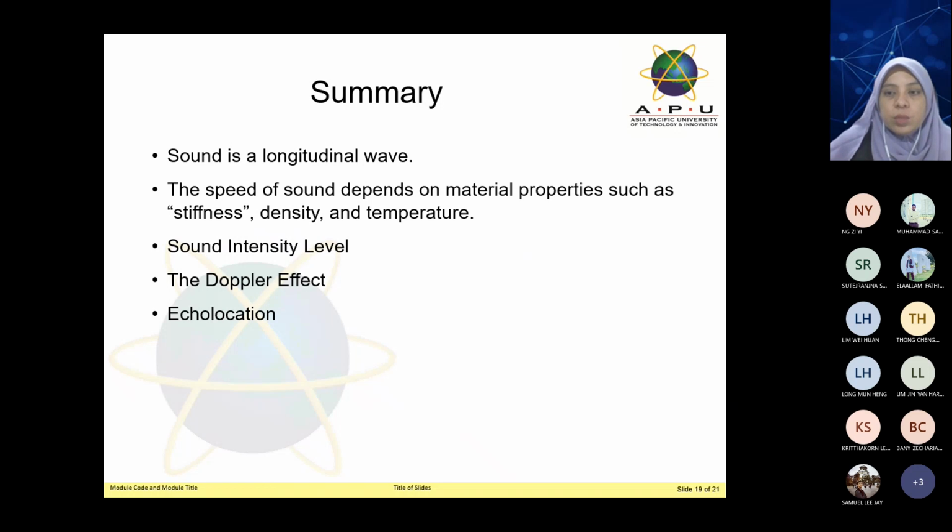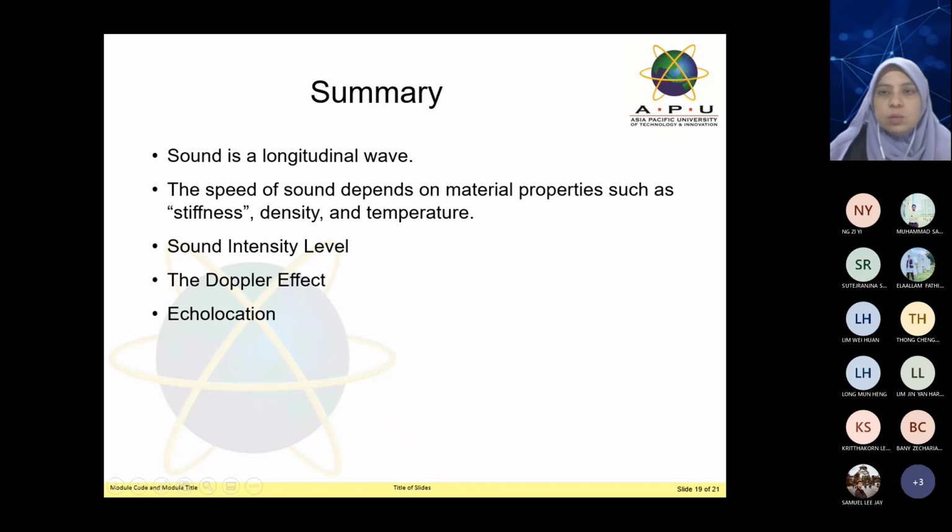If you are near, you will hear louder, right? When louder, pitch is higher, so frequency is higher also. If you don't want to hear very high pitch, you can move away from the sirens. Next is echolocation and the Doppler effect.